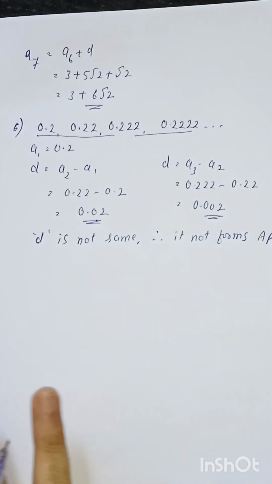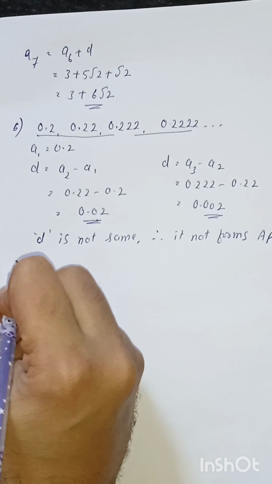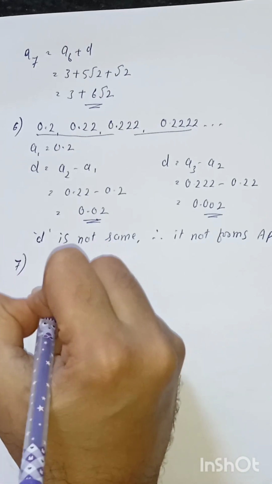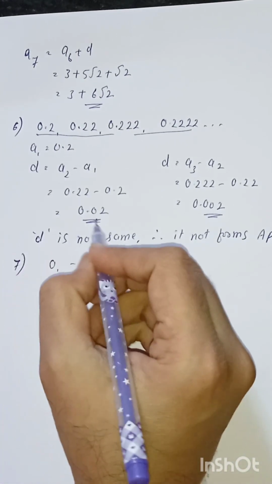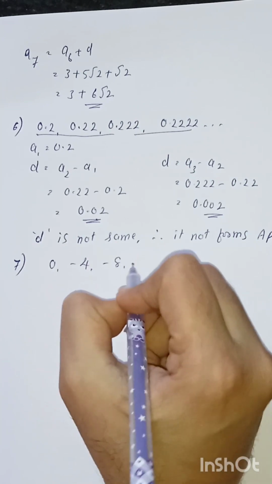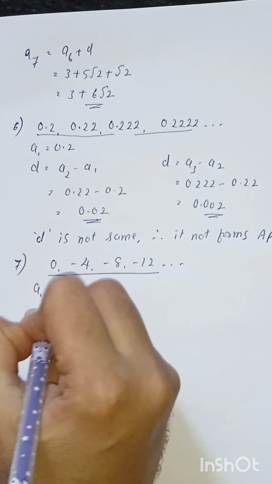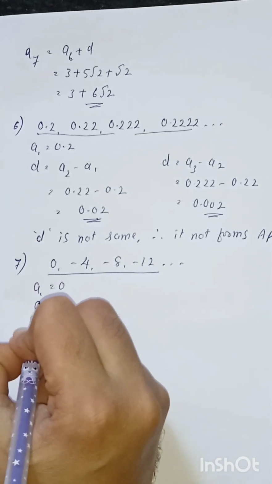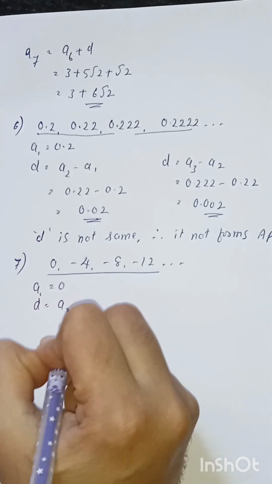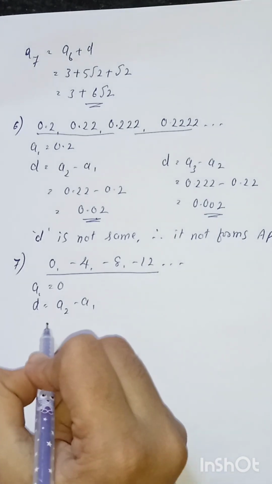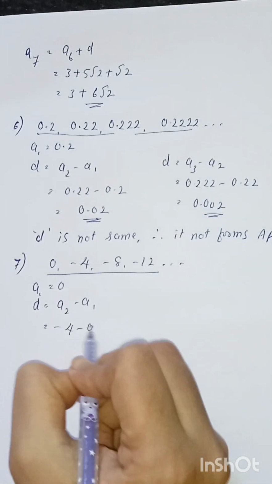Yes, let's move to the next problem, that is the seventh one. 0, minus 4, minus 8, minus 12. Here also A1 is 0, D equals A2 minus A1. So A2 is minus 4 minus 0.